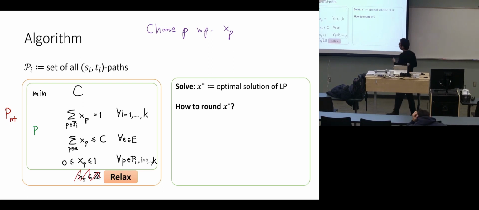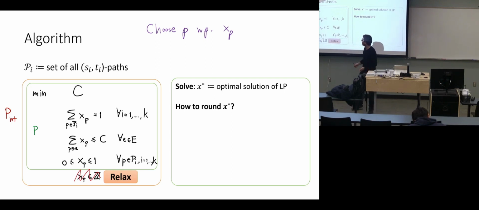And if this is the case, then you can actually see that, at least in expectation, the congestion should look good, right? The number of times that you choose a path that goes through an edge e will be the sum of x_P because you choose each path with probability x_P.